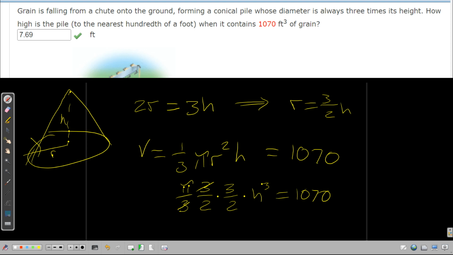So it says 3 pi over 4 h cubed equals 1070. So then h cubed is equal to 1070 times the reciprocal of 3 pi over 4. Now you take cube roots and make sure that you round it correctly. And that's it.